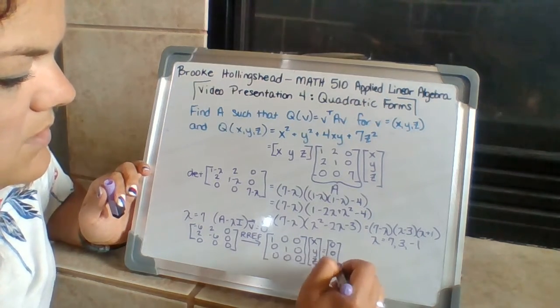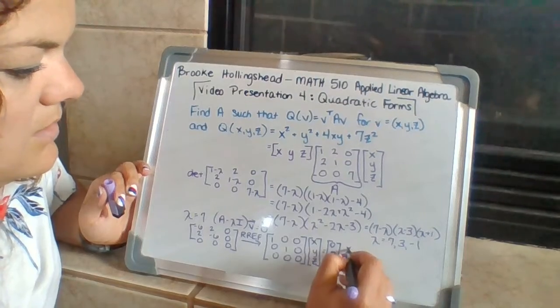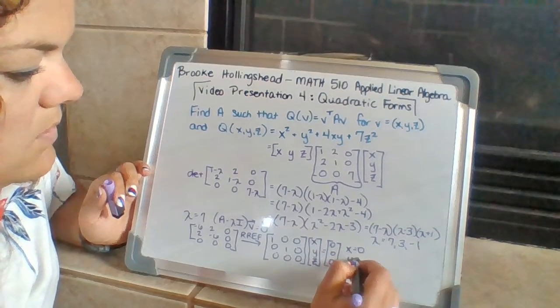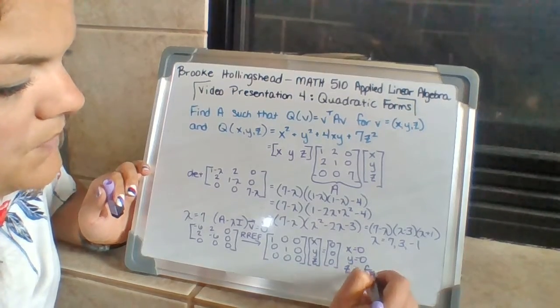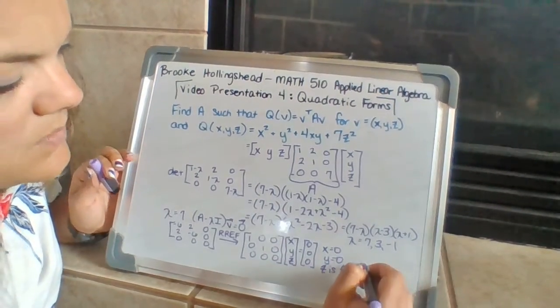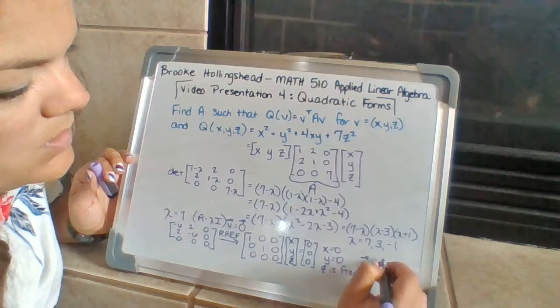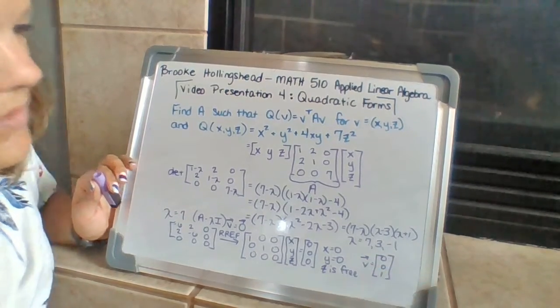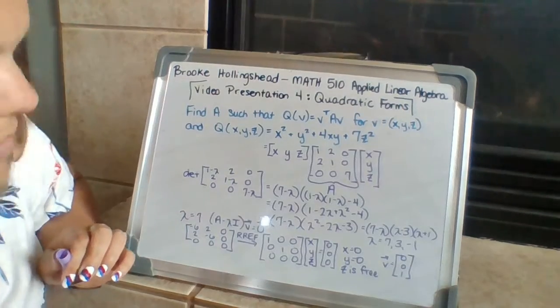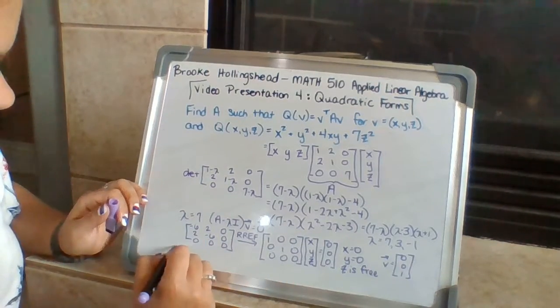So when I multiply these out, I get that x equals 0, that y equals 0, that z is a free variable. And to make my life simpler, I'm going to choose to have that one be 1. So 0, 0, 1 is my first eigenvector for eigenvalue of 7.